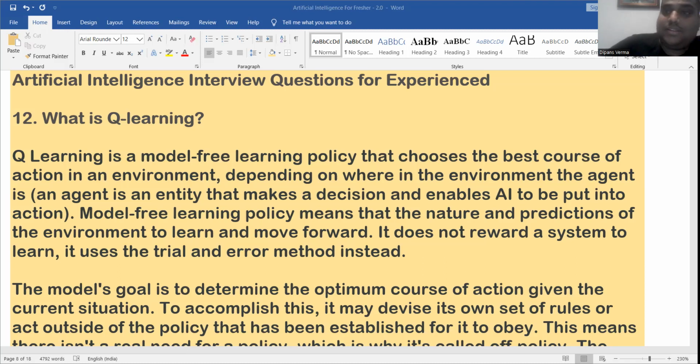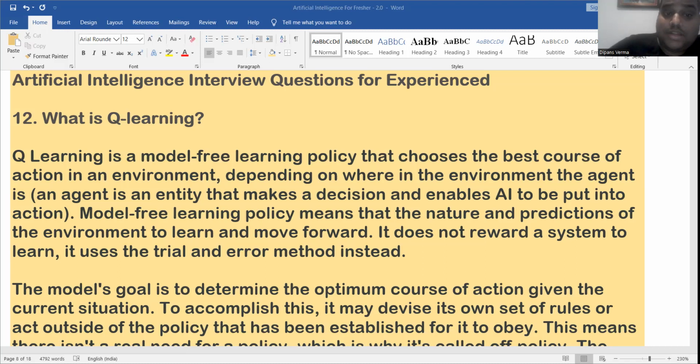So basically, Q learning is a decision-based thing. Like, we hire an agent, and the agent can do something for our work according to our requirement. There are a number of examples where an agent is required. The agent will take a better decision according to our requirement, and enable AI to be put into the model.